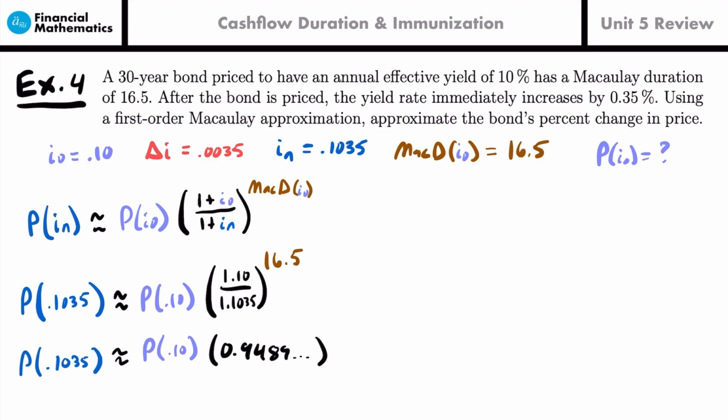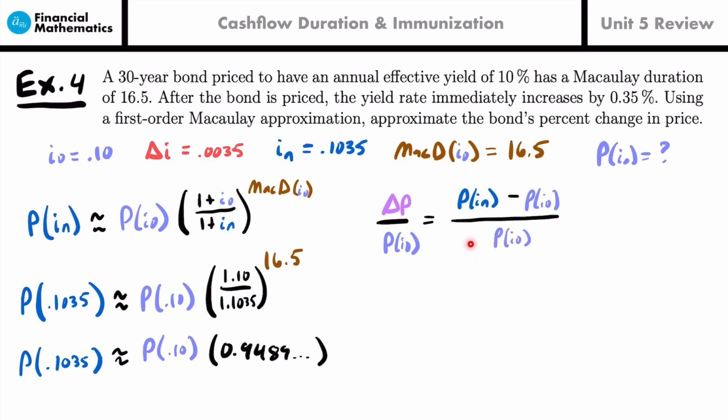Okay, so that's about as far as we can get at this point, but remember what we're actually trying to calculate here. We want to approximate the percent change in price. So let's write out how we would do that. Remember from our formulas at the beginning of this video that the percent change in price, or delta P divided by the original price, is equal to the new price minus the original price divided by the original price.